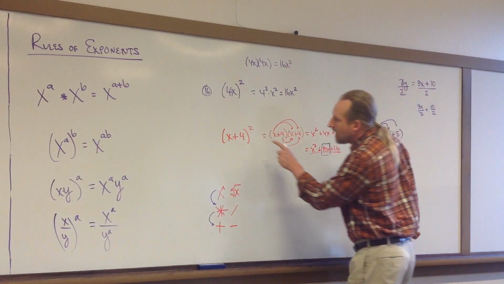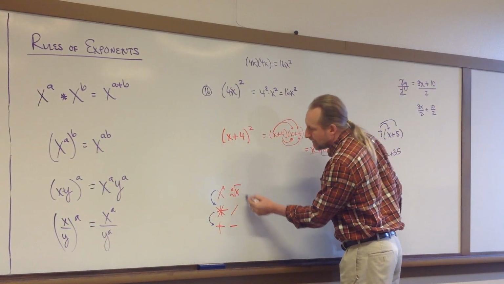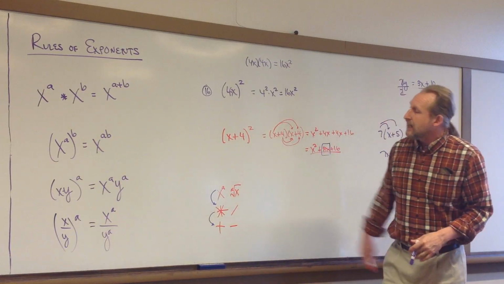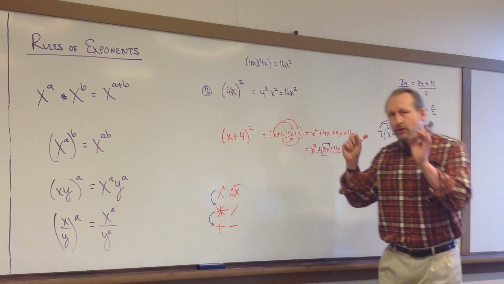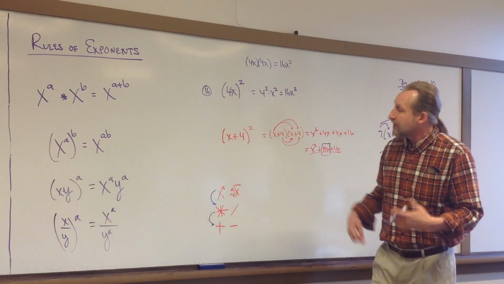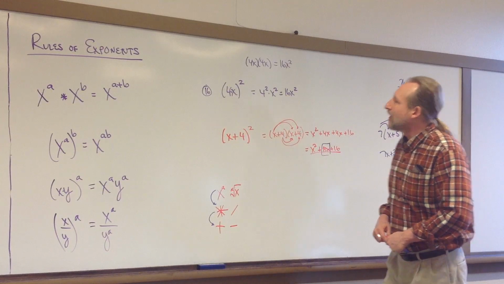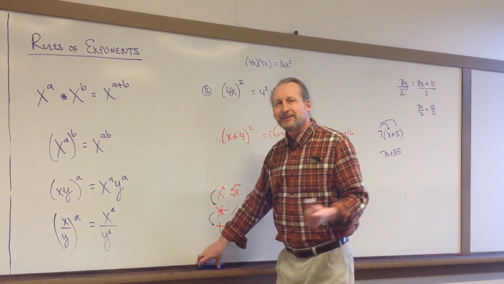However, you cannot distribute an exponent across this addition because then you're trying to jump two levels, and exponents and addition don't have that relationship that exponents and multiplication have, and also multiplication and addition have. Okay, so that's a lot to talk about.